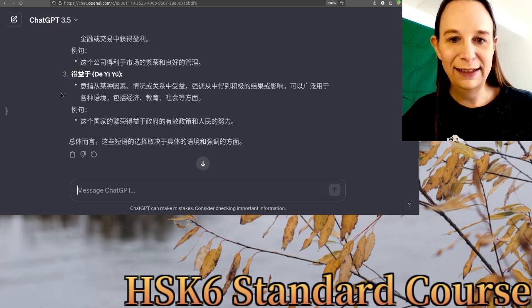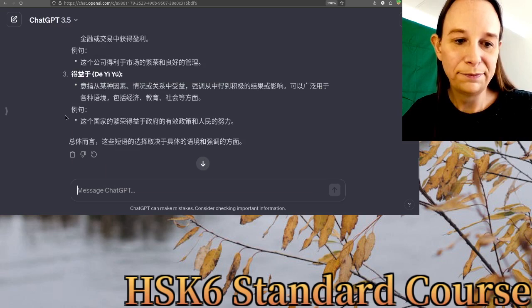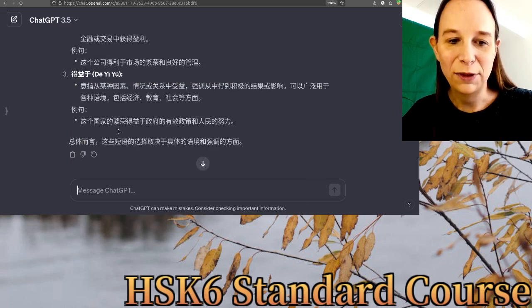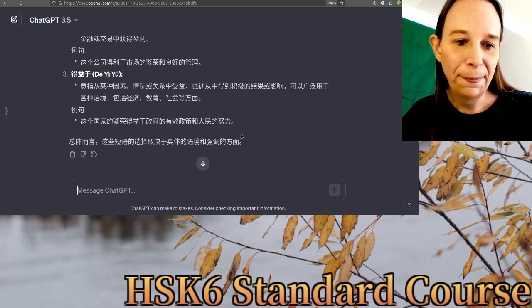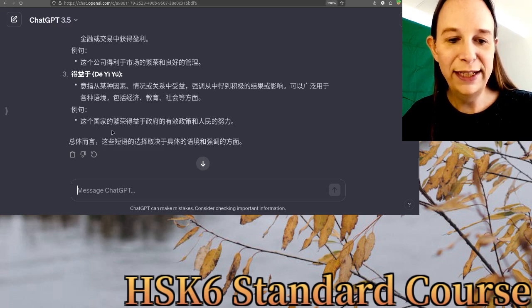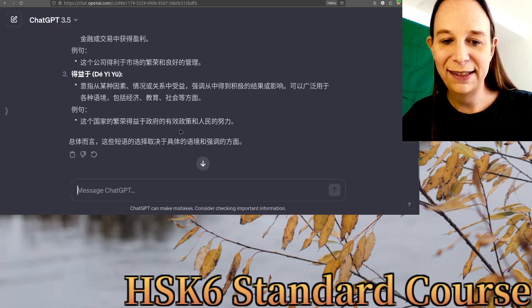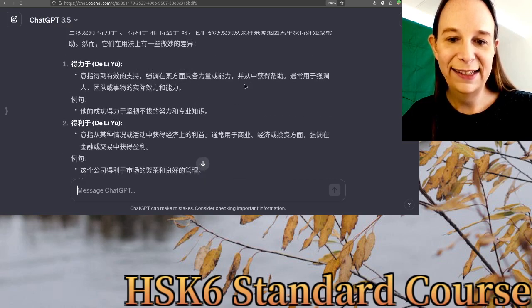And 得益于, this is the one I think maybe it's best to use. 这个国家的繁荣得益于政府的有效政策和人民的努力. Okay, so the country's flourishing benefited from the government's effective policy and the people's effort. Yeah, are they much the same?